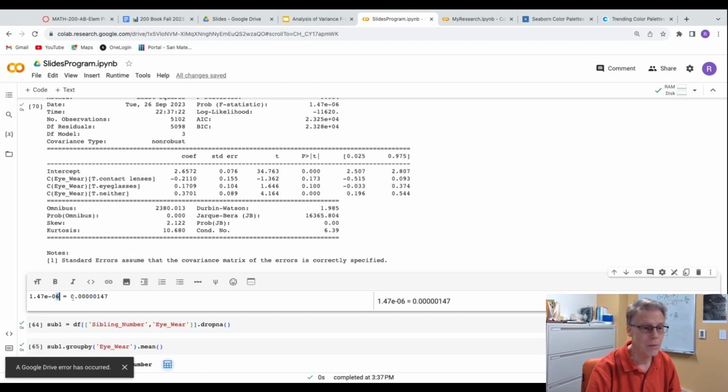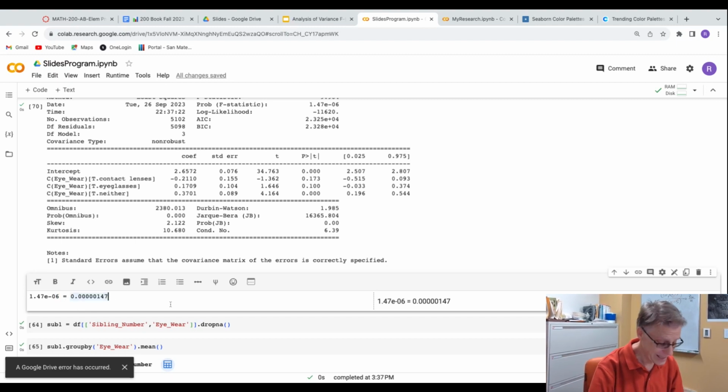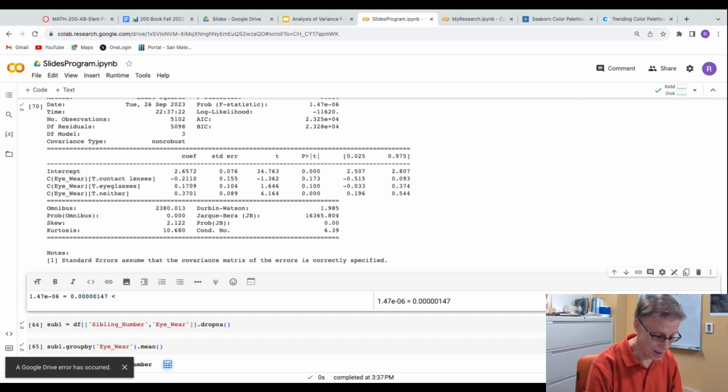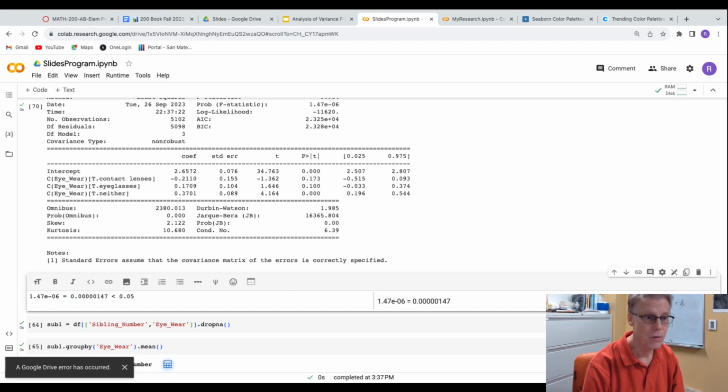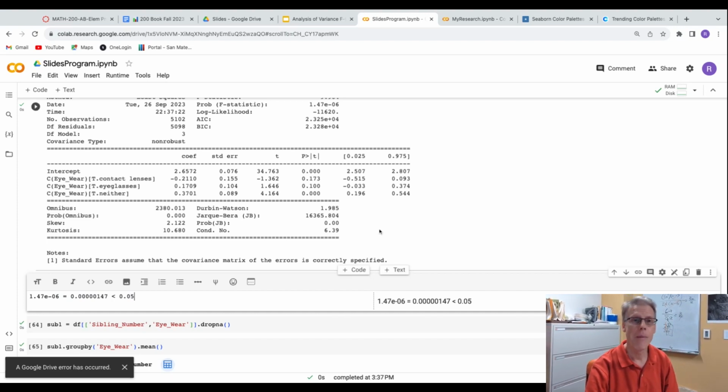So I've got 6 zeros, and that corresponds to the 6 decimal place moves from where it was originally. However I slice it, that's way less than 0.05. So we have significance. Yay!